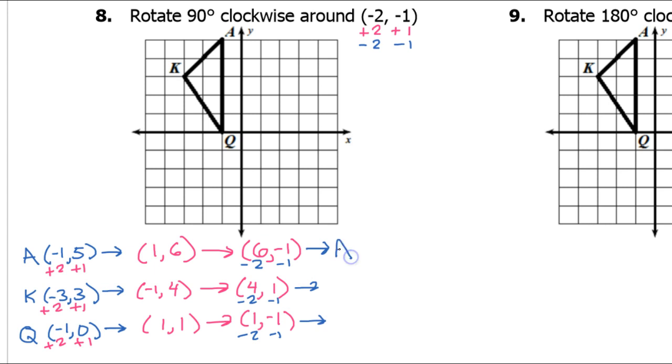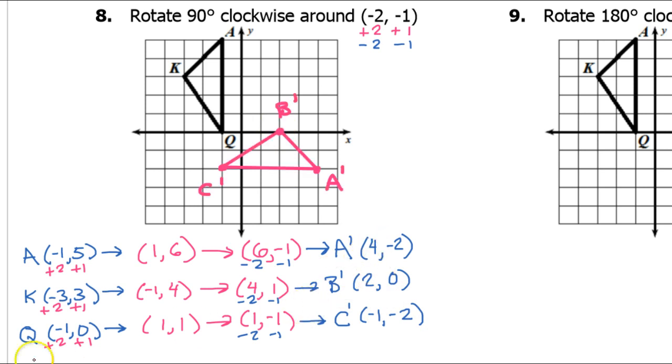So A prime will be (4, -2). And B prime will be (2, 0). And C prime will be (-1, -2). And now we'll just plot those points and see how they look. So that is what the image would look like after the rotation.